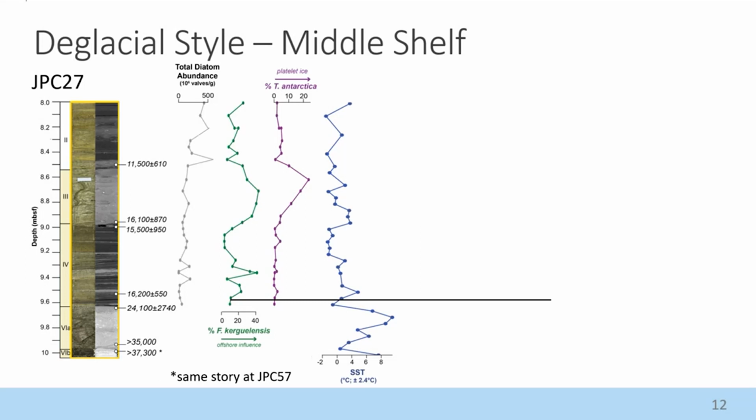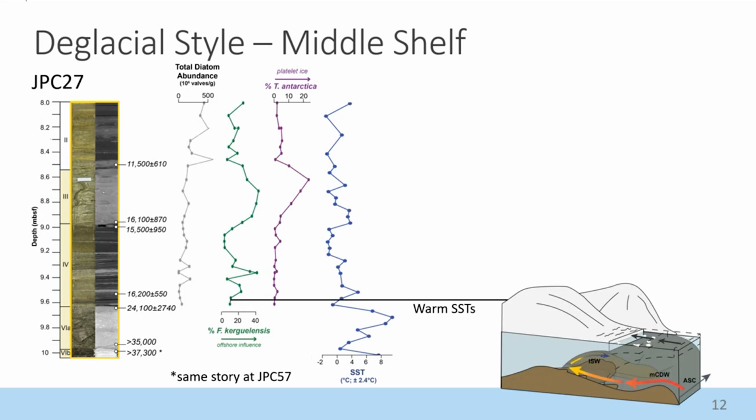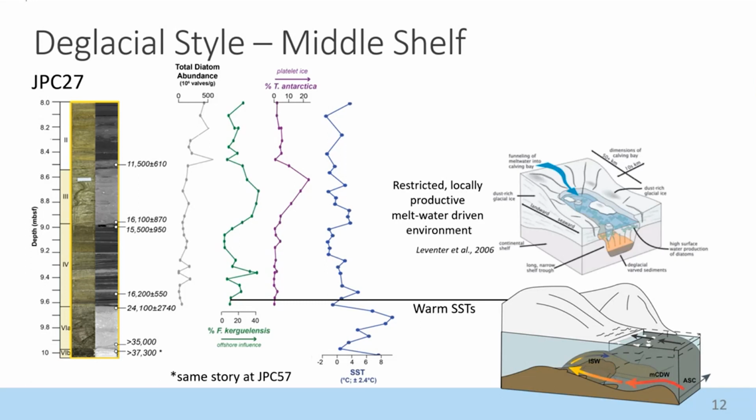So going from bottom up, during the deglacial sequence and slightly preceding deglaciation, we see relatively warm temperatures. So we're seeing this as an indicator that warm waters are coming onto the shelf. And then after ice retreats a little bit, we get this locally restricted basin type sedimentation. So we get these laminated diatom muds and oozes.